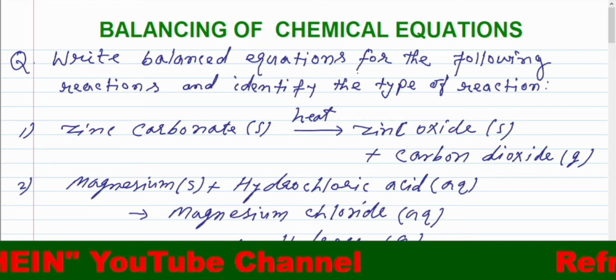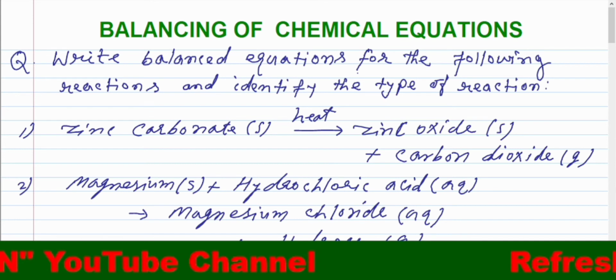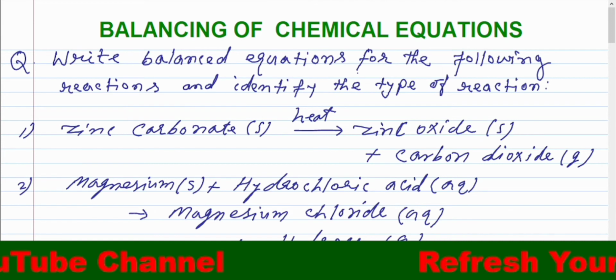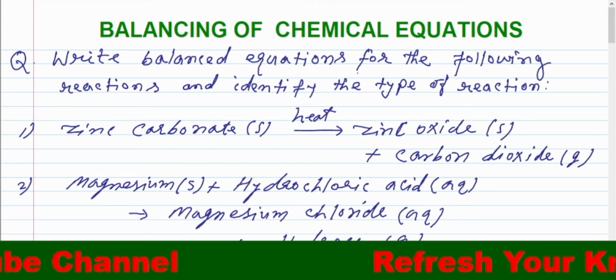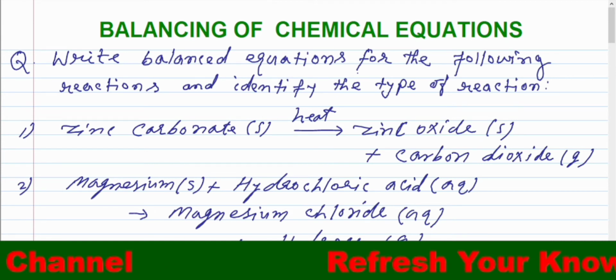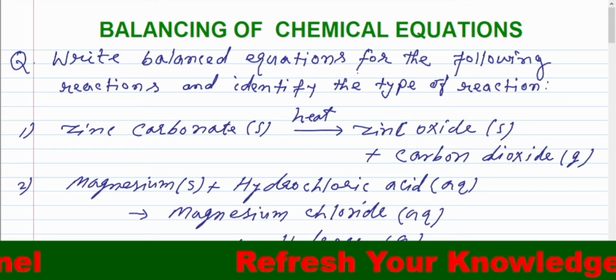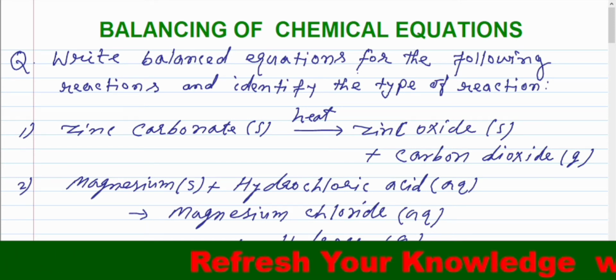That is, the total number of atoms on the left hand side, that is reactants, is always equal to the total number of atoms on the right hand side, that means products.